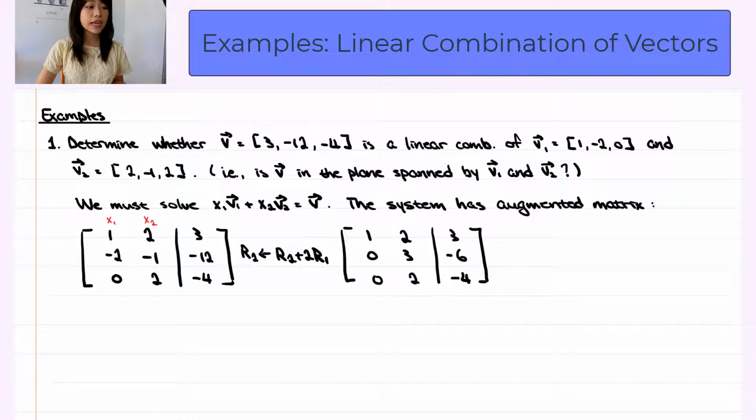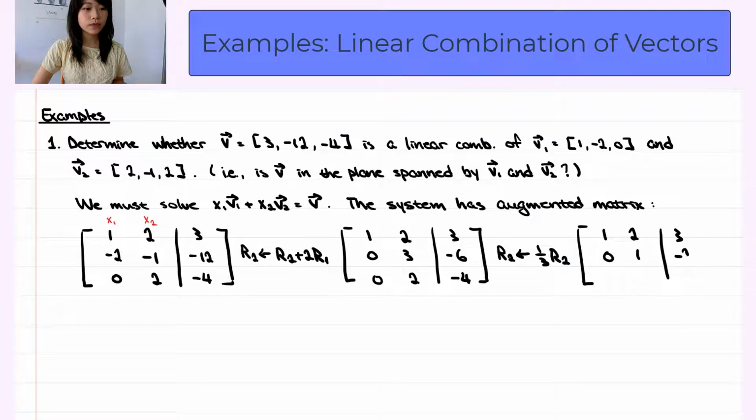Now moving on to the second pivot, it will be in the second row, and I want my pivot to be 1, so I'm going to replace row 2 by 1/3 of row 2. First row remains the same, 1, 2, and 3. Second row is now 0, 1, and negative 2.